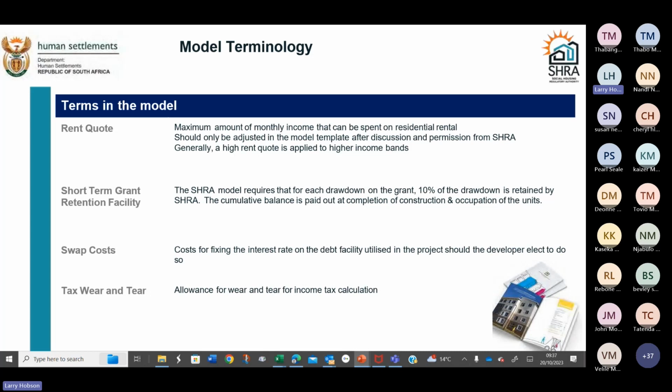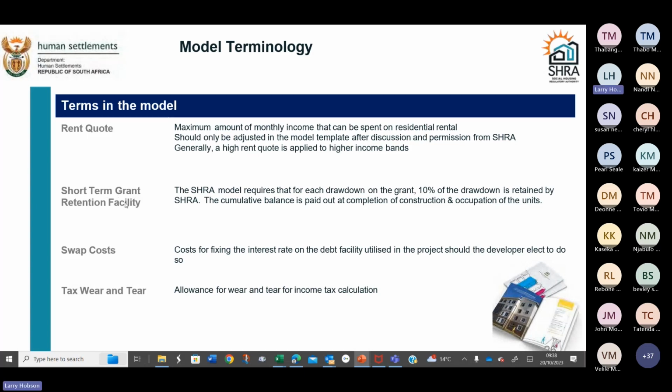So the rent quote is the maximum that people in that income band can spend on rent. It used to be a generic 30% applied, but over time the realization has been that we need to make it variable for different income bands.